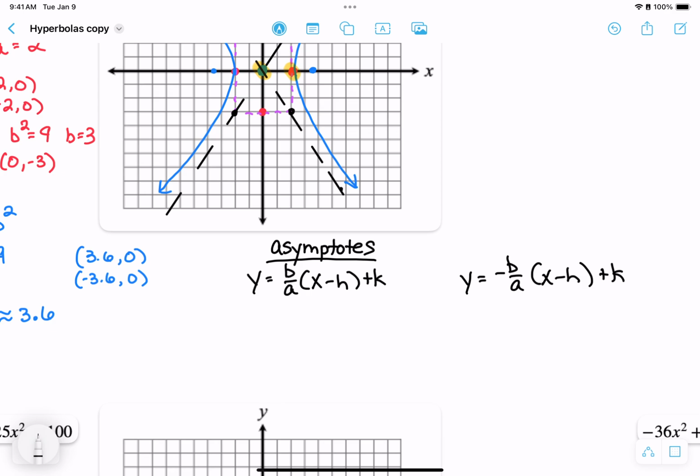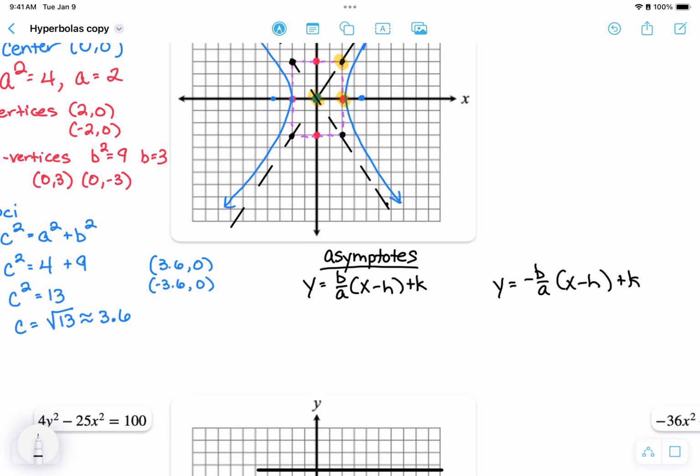And these asymptotes for this equation are really super easy because what were our h and k? 0. They were both zeros. So we don't even need the h and k on this one. Those just go away. And then we figured out that a was 2 and b was 3. So it'll be 3/2 x minus 0 plus 0, which of course is just 3/2 x.